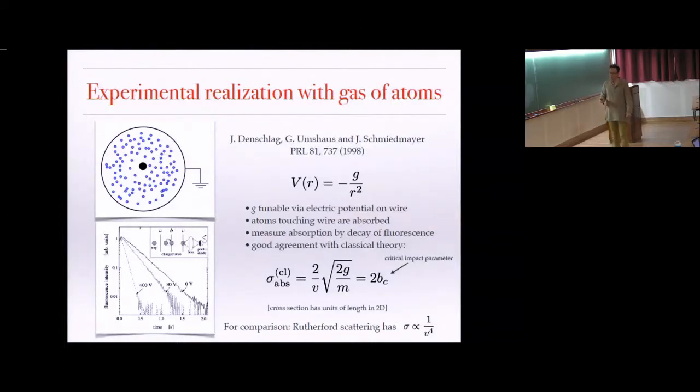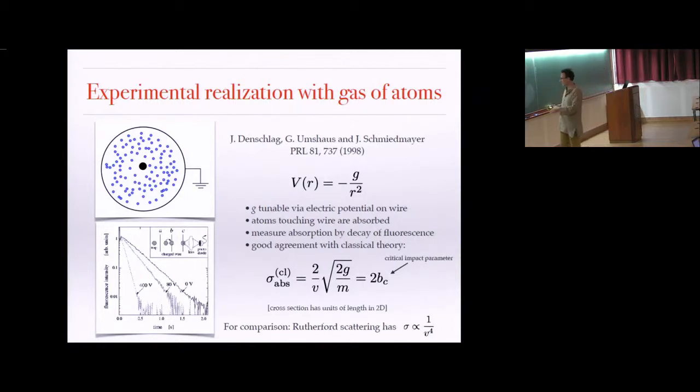And what they found was a very good match to the classical theory for the absorption cross-section of this wire, which in 2 dimensions becomes a length, which is kind of, as you imagine, twice this critical impact parameter. And interestingly, it goes as 1 over the velocity of the particles, which is kind of what you'd expect. So as we'll see in a second, this 1 upon r squared potential has no intrinsic scale.